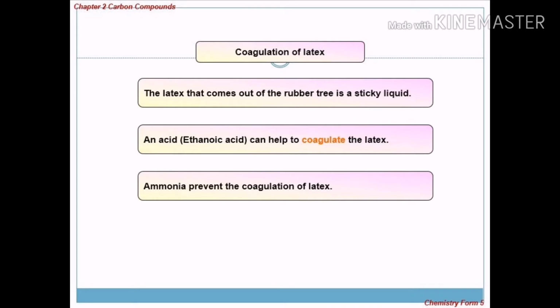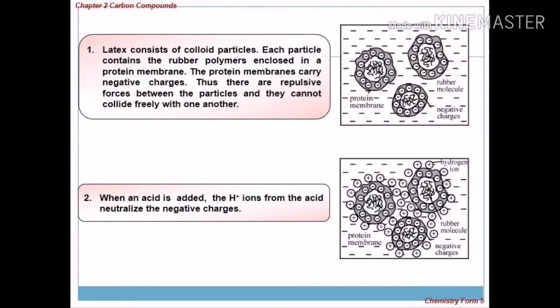Now, let's take a look at how ethanoic acid can help to coagulate latex. Latex consists of colloid particles, and each particle contains the rubber polymers enclosed in the protein membrane. The protein membranes carry negative charges, so there are repulsive forces between the particles and they cannot collide freely with one another.